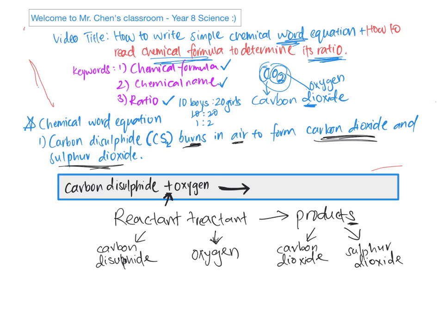This arrow tells you what they produce. So what it produces is carbon dioxide plus sulfur dioxide. Oh no, the box is not big enough to fit, but oh well, that will be your chemical word equation.